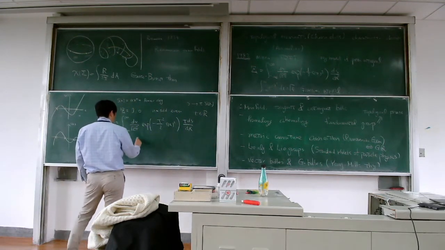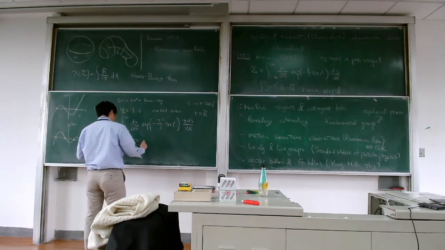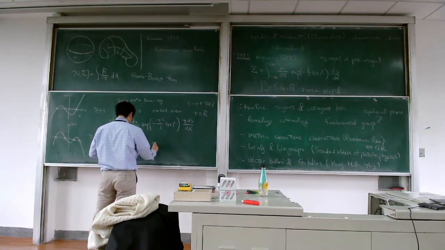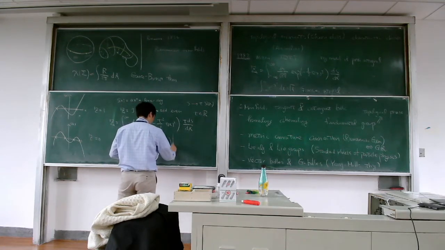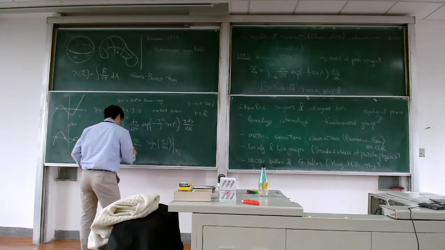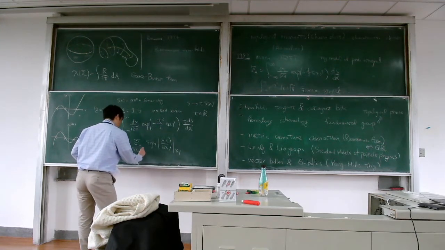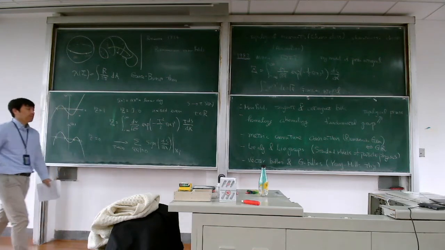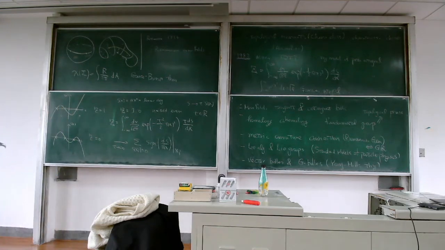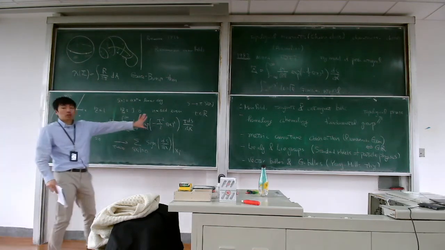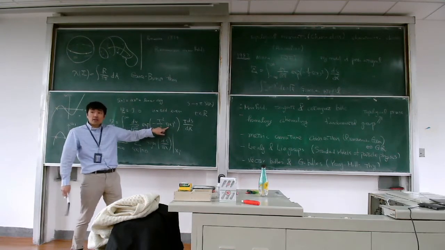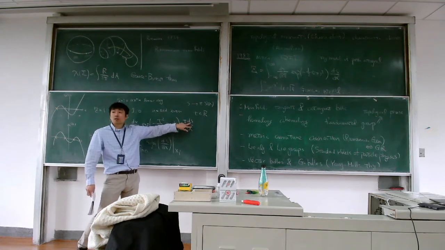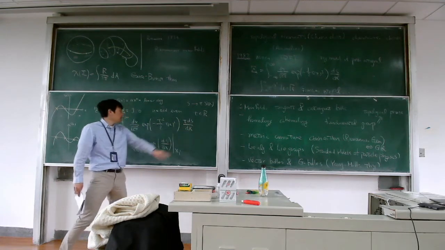So this is a sum over signs. What matters is only the sign of ds over dx at those points.